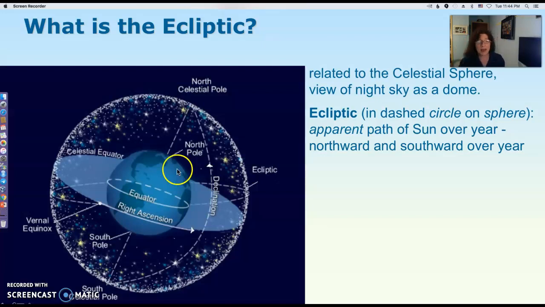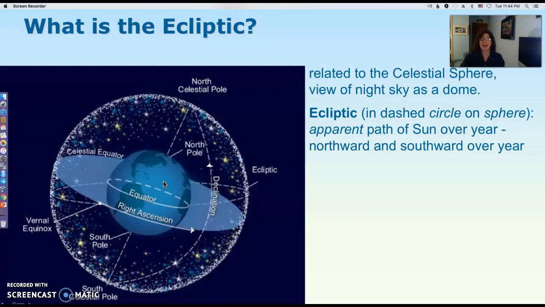So that if we projected this revolution out onto the dome, it would form a plane on the dome that is called the ecliptic.